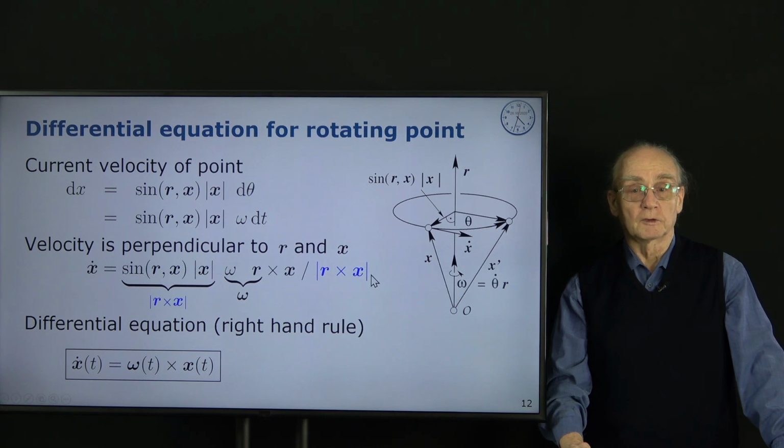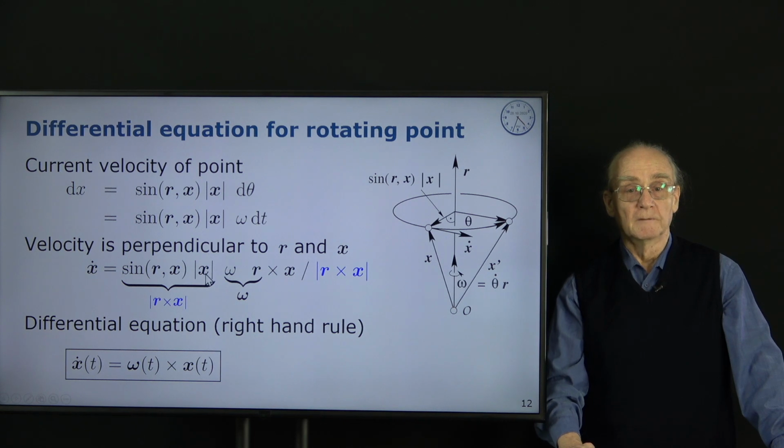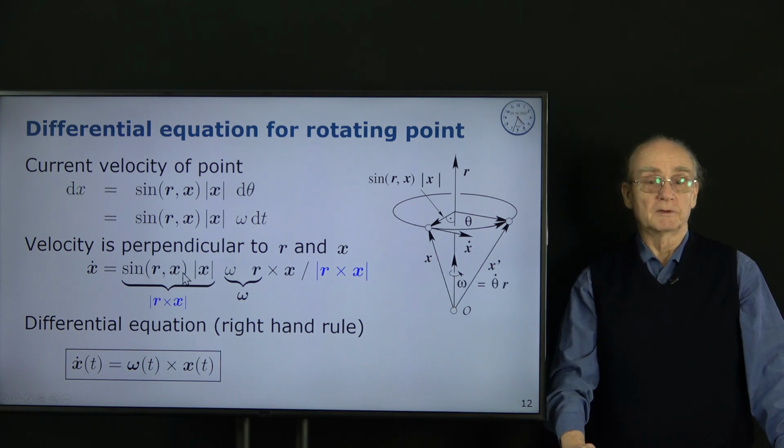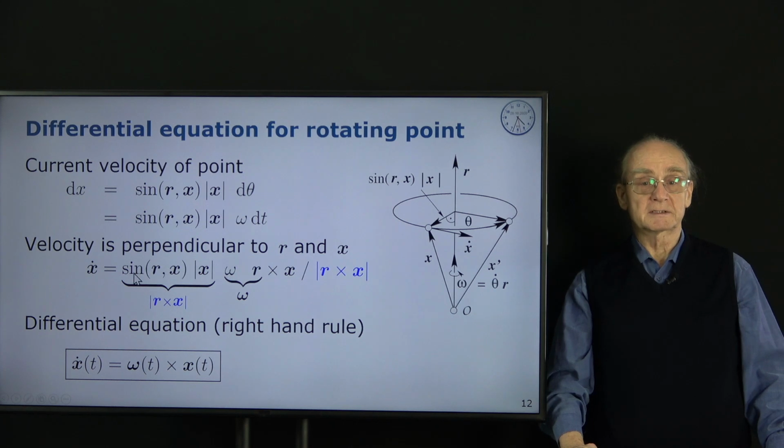And now we observe the following. We have here the division by the length of the cross product of r and x. And interestingly, this appears also here because the length of a cross product is the length of the two vectors multiplied with the sine between the two vectors. Now the length of r is 1, the length of x is here, and here we have the sine between the two directions. That means this actually is the length of the cross product, so we can cancel the length of the cross product, and we are left with scalar omega multiplied with r cross x.